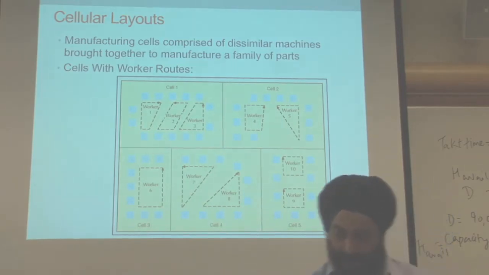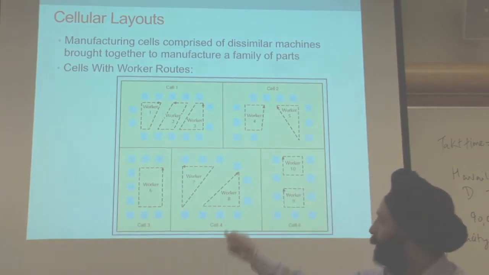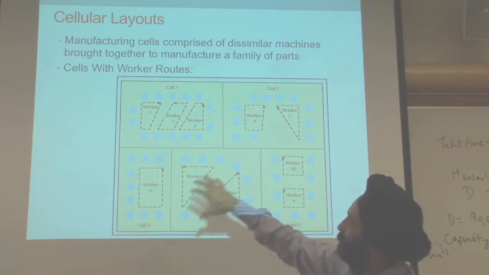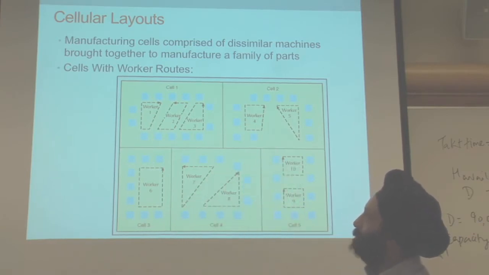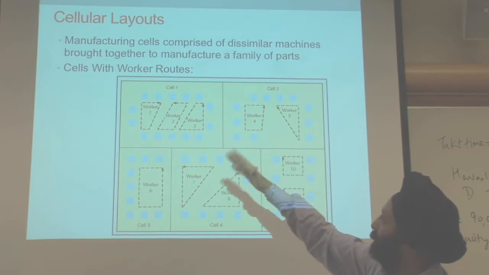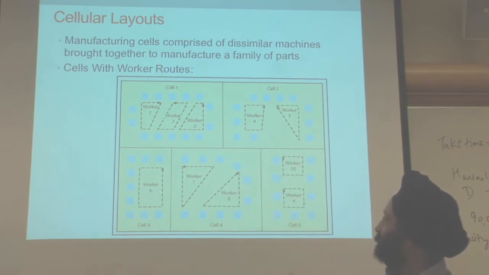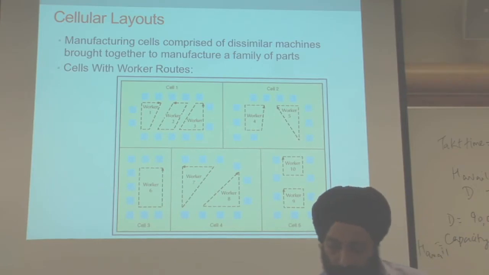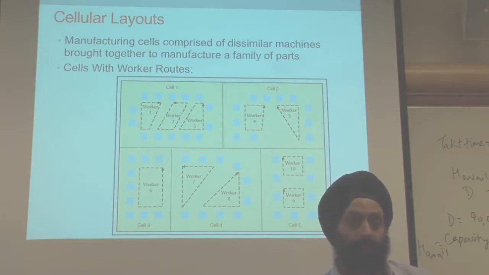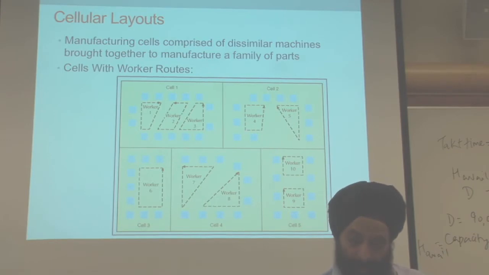You can see in this case how currently in one type of demand environment you have 5 different cells being handled by 10 different workers. But as the volume decreases, as we are only producing enough to match what the customer truly demands, not just to keep machines busy, you may realize that you need a lesser number of people.